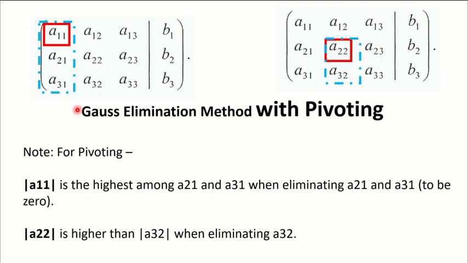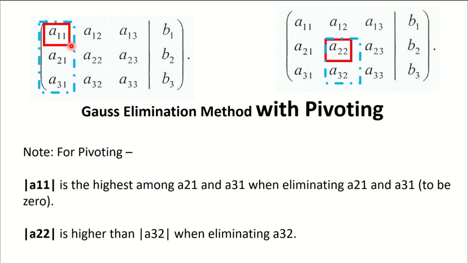So first of all, A11 must be the highest among A21 and A31, or among this column, regardless of how many rows. So we have to ensure that A11 is the highest number. Regardless of the matrix, maybe you have a 4 times 4, for the pivoting we first need to make sure that A11 has the highest value.